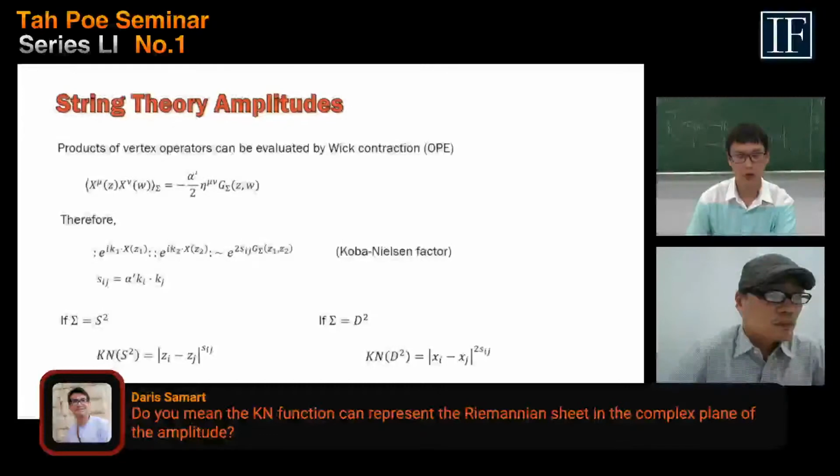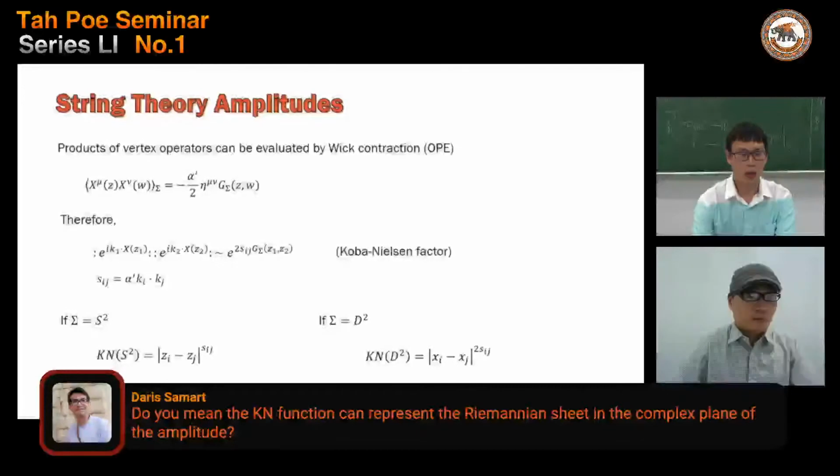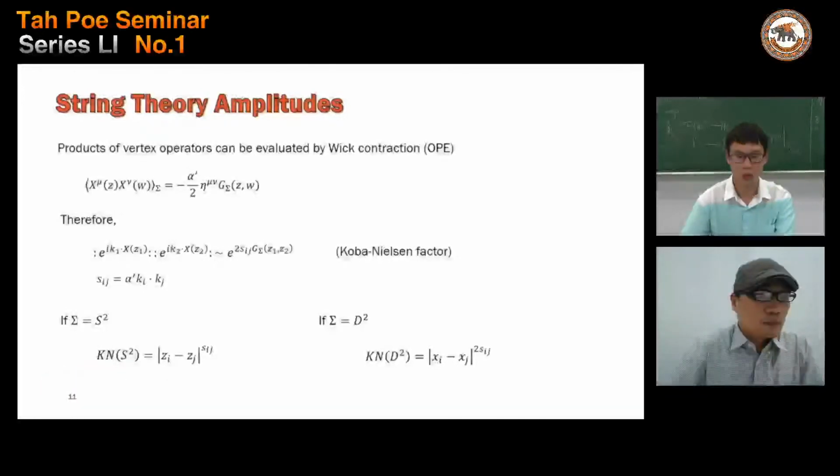So for genus 1, it would include more information of the topology, which, for the torus, would include what is called tau, which is the parameterization of the torus as well.